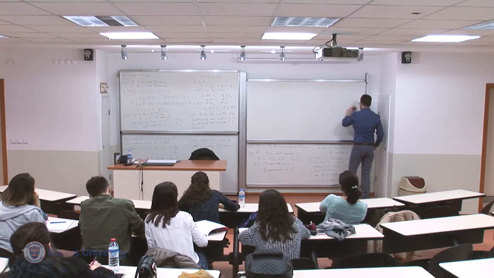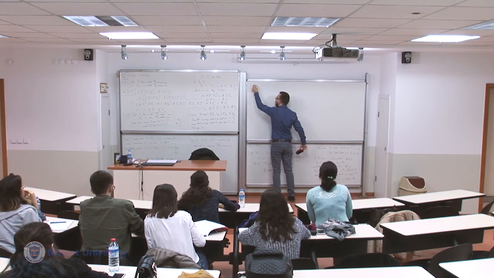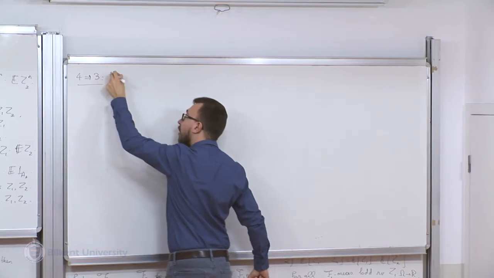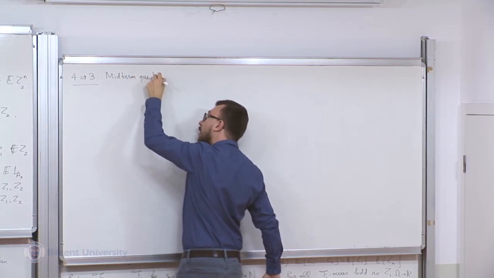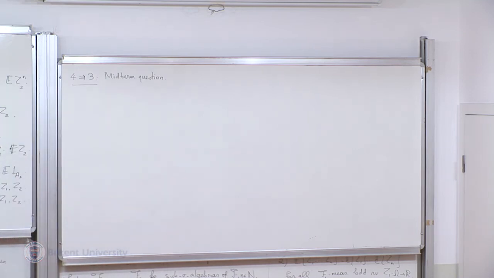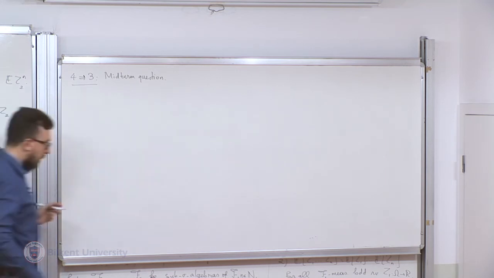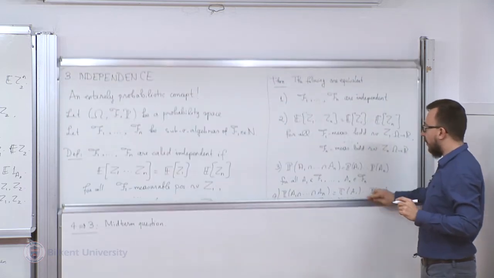And finally, we need to prove 4 implies 3, which was the midterm question. Since we did a similar proof last week about product sigma algebras, I'm going to just give a sketch of proof for 4 implies 3.